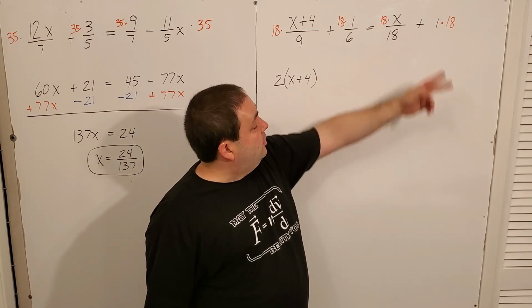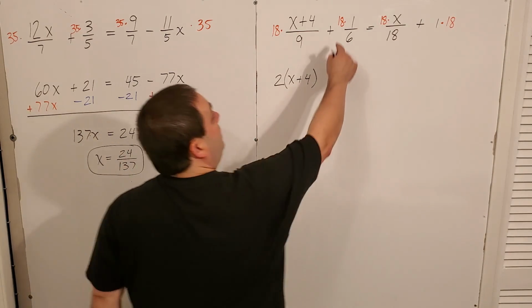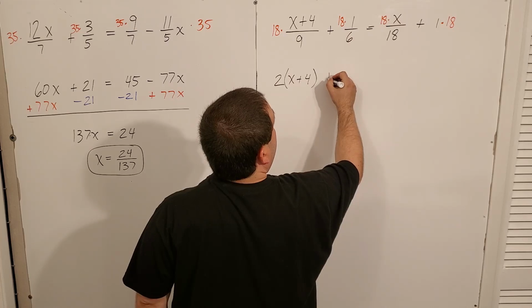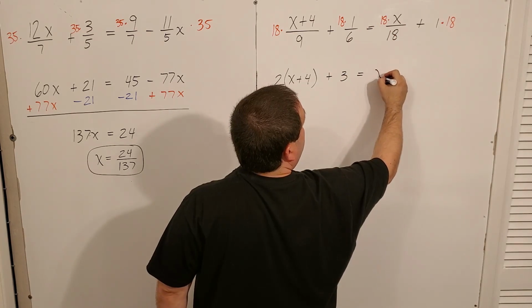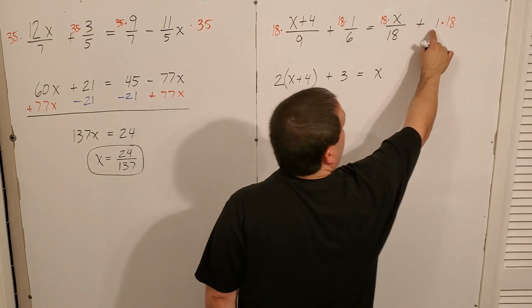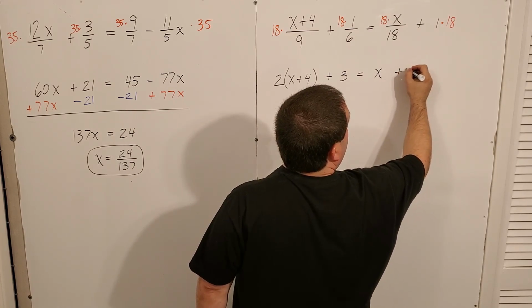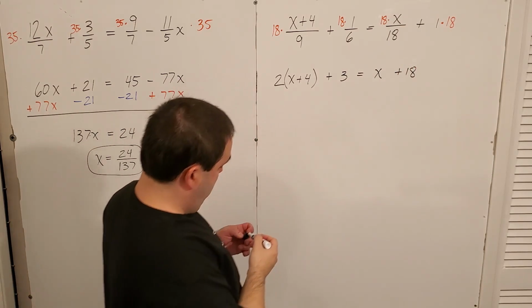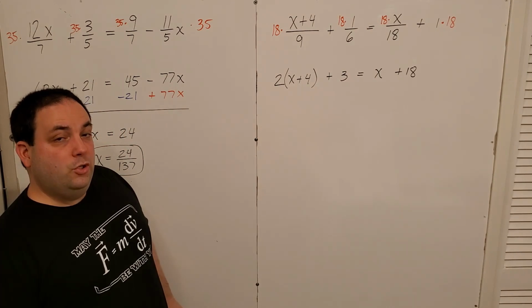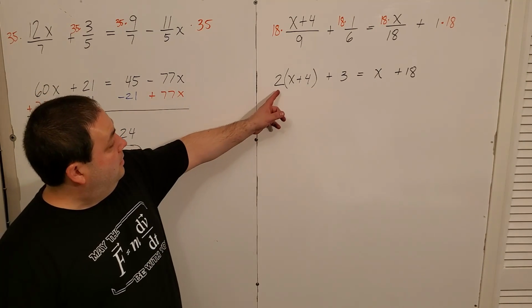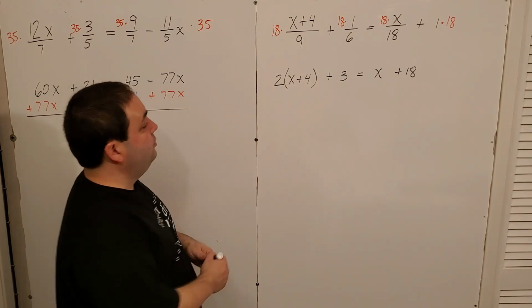Now that I'm doing single ones on all these other ones, I can just simplify. 18 divided by 6 is 3. 18 divided by 18 is 1, so 1x. And then no division here, just 1 times 18. We're almost to the normal linear, right? I just need to distribute my 2 now.